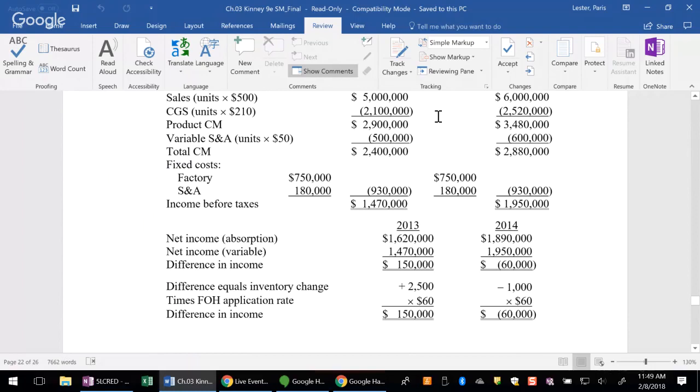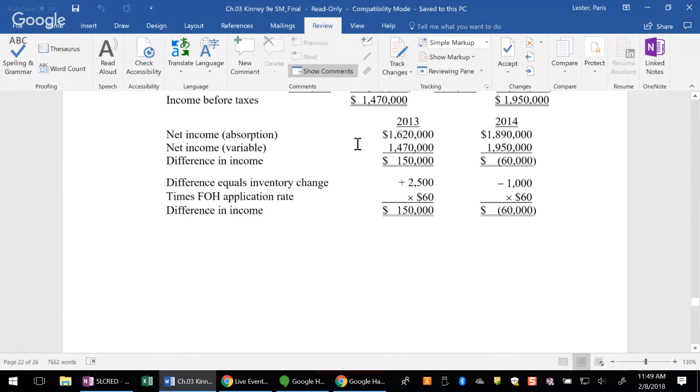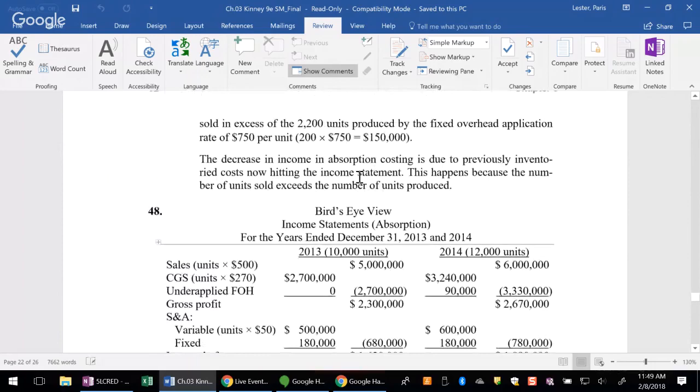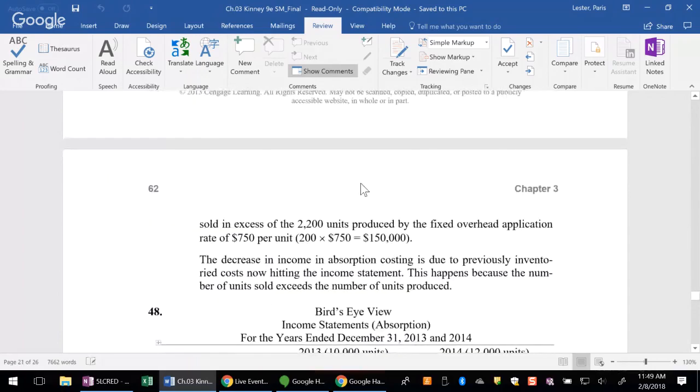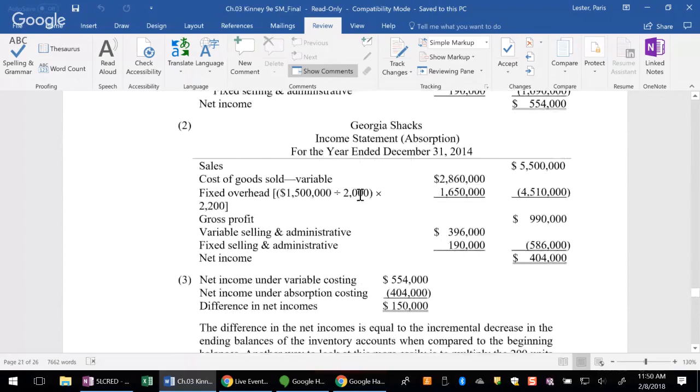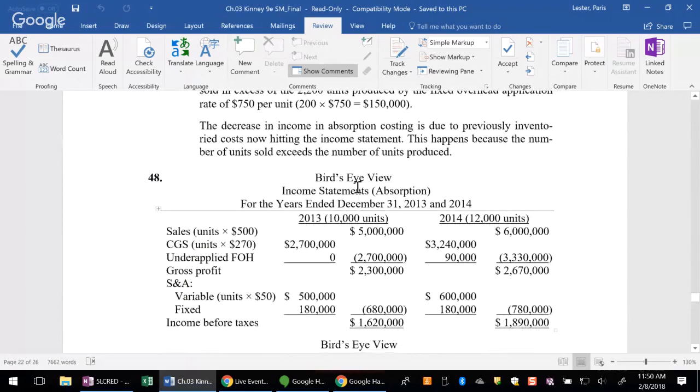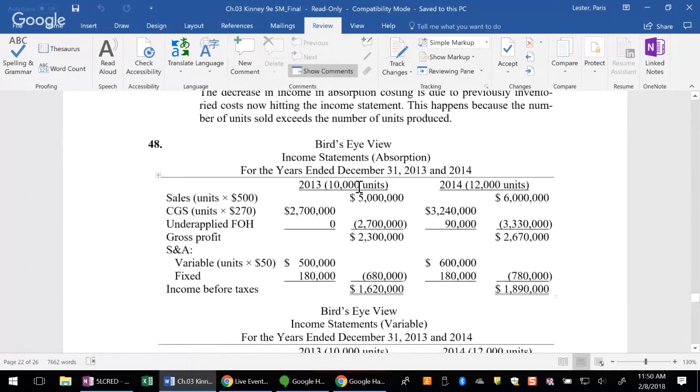But that's still not helping us get over under applied. We're making this hard for some reason. We've got to find $90,000. It should be easy. They give it to us.